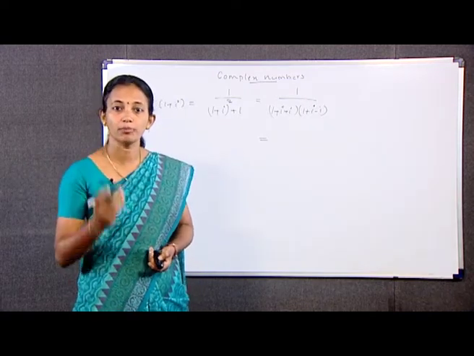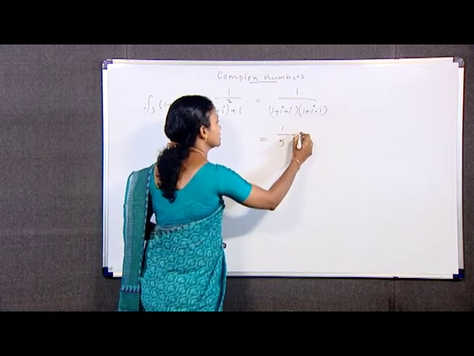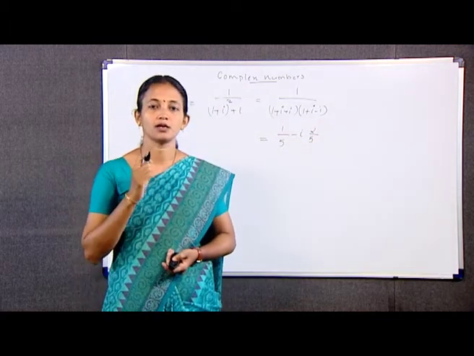We can write it as 1 by 5 minus i into 2 by 5. This is a complex number.